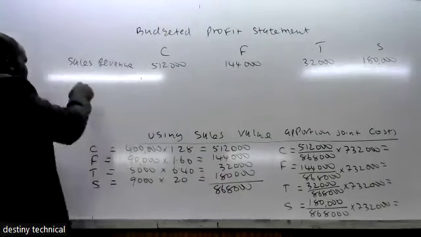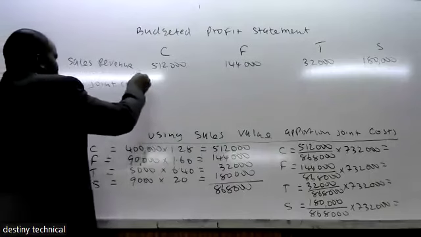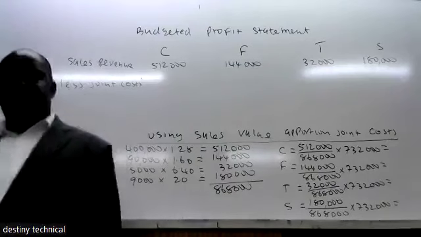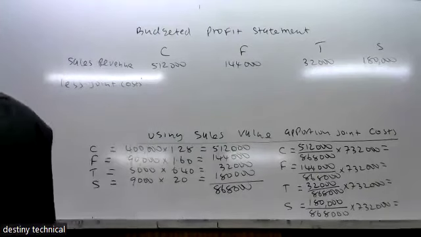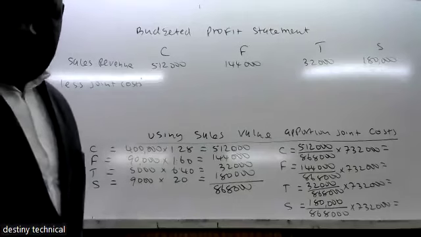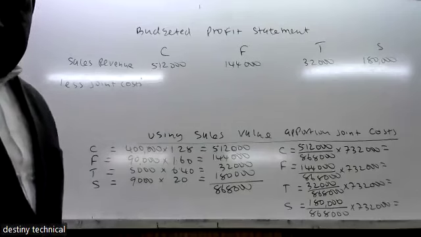Now we less the joint cost. Minus the joint cost. So joint cost, how much is there for C? Joint cost for C, you got how much? I've seen 456.